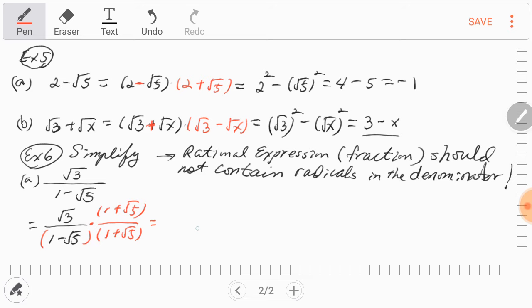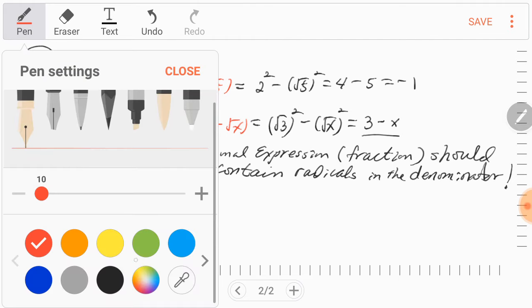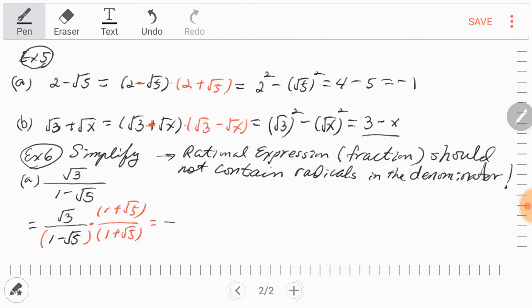Then the numerator is square root of 3. Okay, for the numerator, you just multiply, using the distributive property. So square root of 3 plus square root of 3 times square root of 5. Now multiply these two. And then the bottom is what?